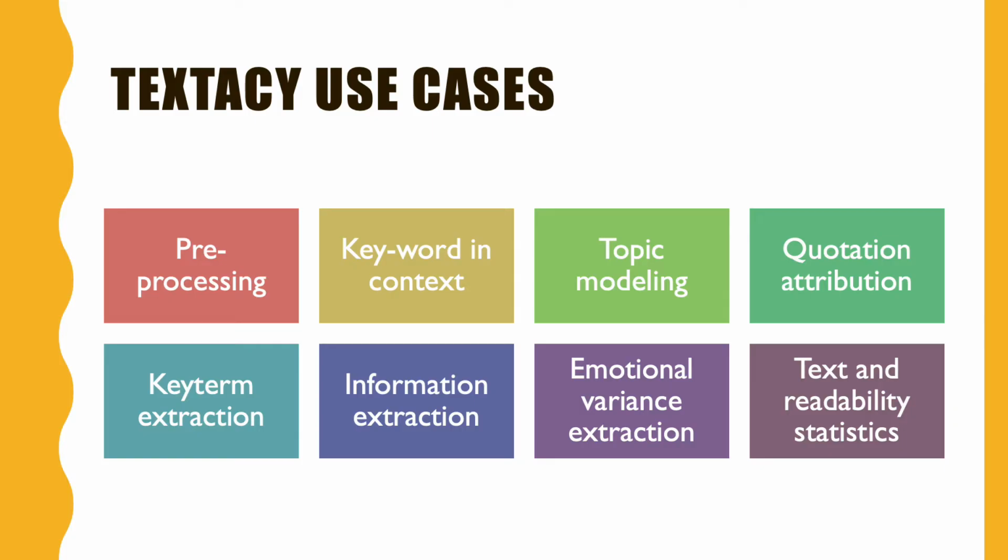Next, I will cover some use cases of Textacy. Textacy can be used for text pre-processing, keyword in context, topic modeling, quotation attribution, key term extraction, information extraction, emotional valence analysis, and text and readability statistics.